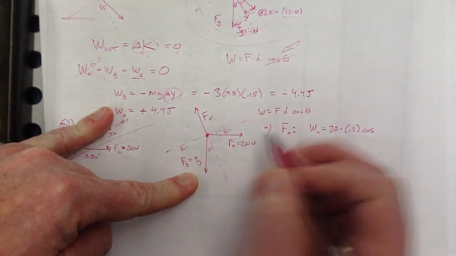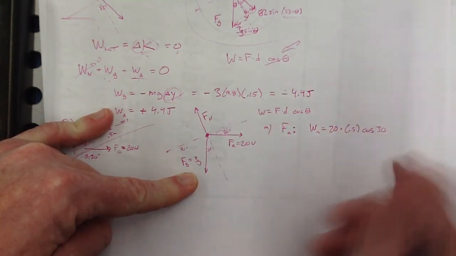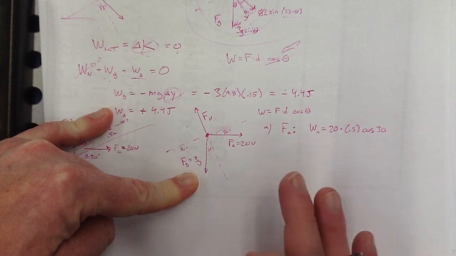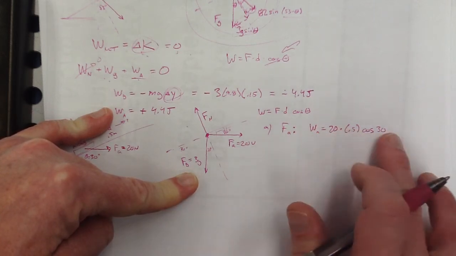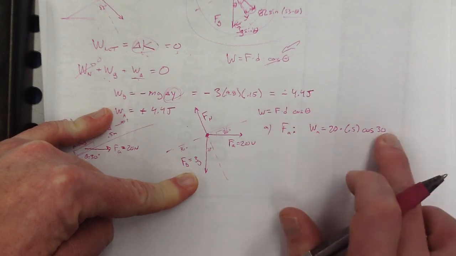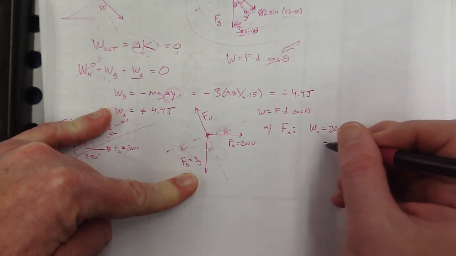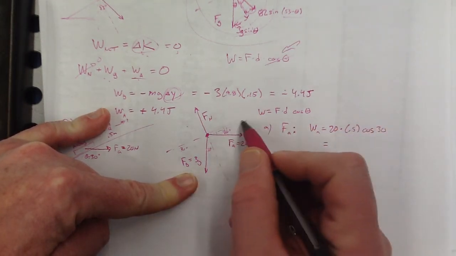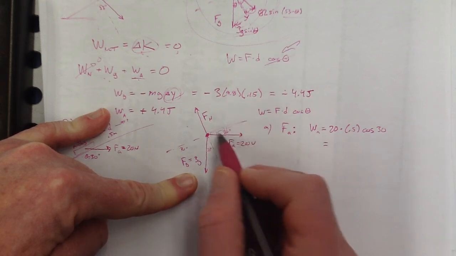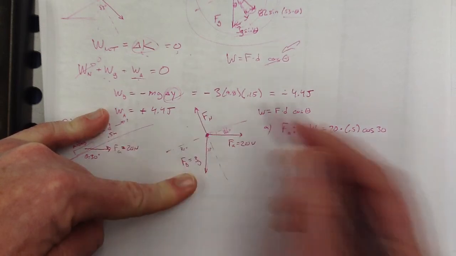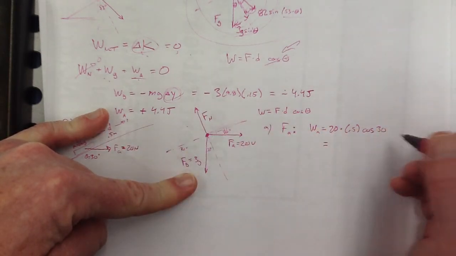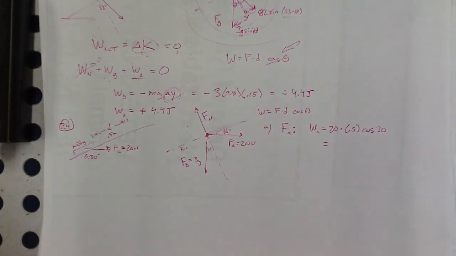The displacement's this way, the force is this way, so that is a 30-degree angle. Quick check, always a good idea when you're figuring out work: should this in fact be positive? If I just run that through my calculator, I'm going to get a positive number. Is that correct? Yes, because those are mostly in the same direction. Once you pass the 90-degree mark, that's when you're going to get the negative. So that is correct.